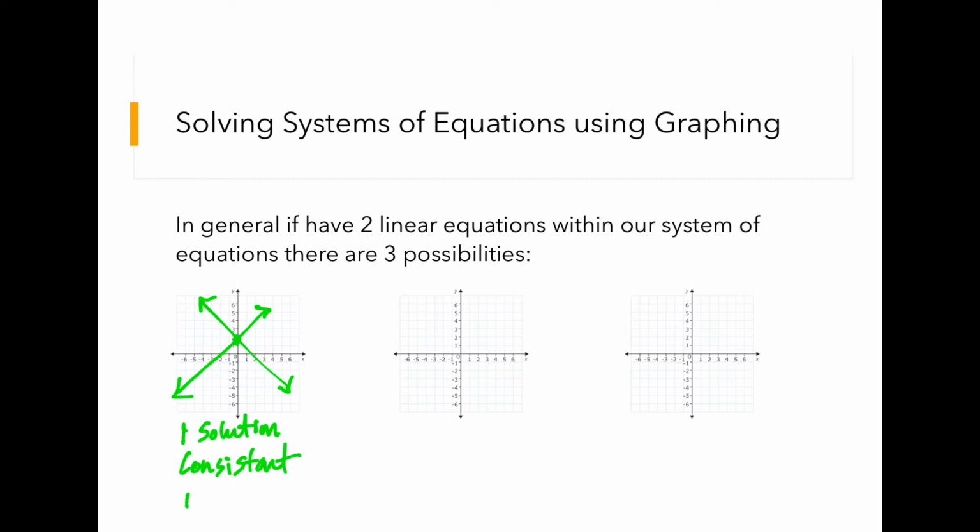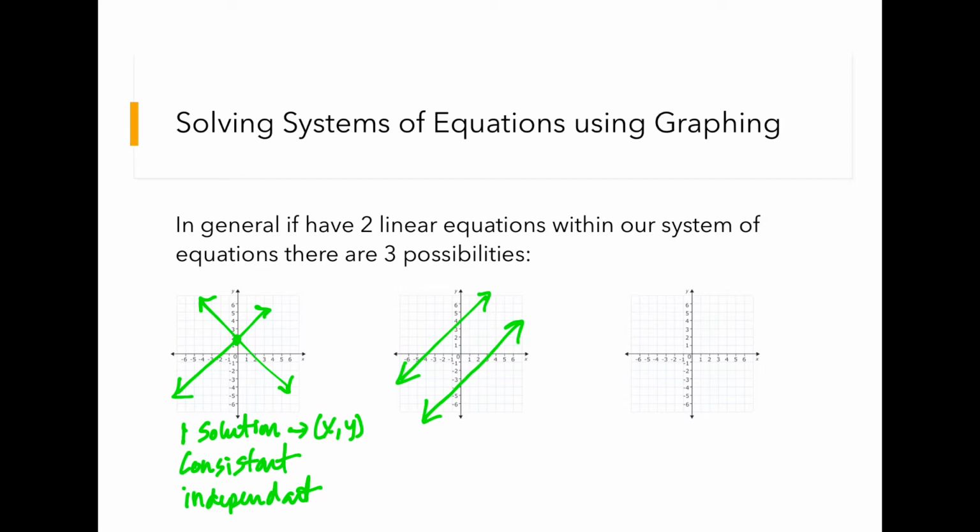And these are two independent lines. So for this, we would say those three things. There's a solution. That solution would be the xy point where they're meeting. Because they have at least one solution, they are consistent, and they are independent of each other, meaning they are two different lines.